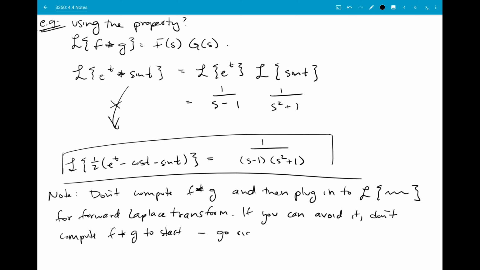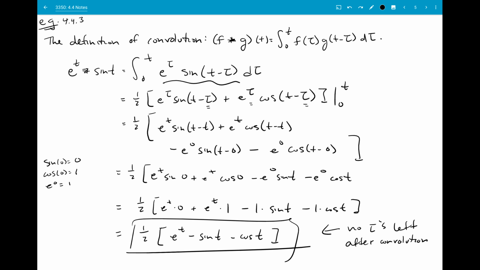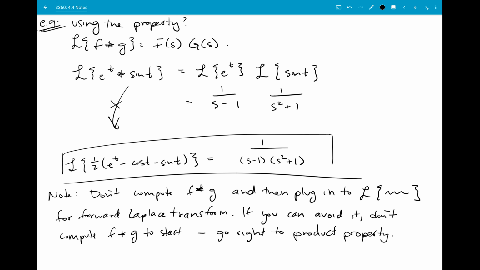Go right to the product property. That's just because we did this example showing how to compute a convolution, but when you're actually interested in what the Laplace transform is, that convolution didn't matter. So even though we did that right here, I'm telling you, don't do that. It comes up later in the problem when you're solving a differential equation. Don't do it right here.